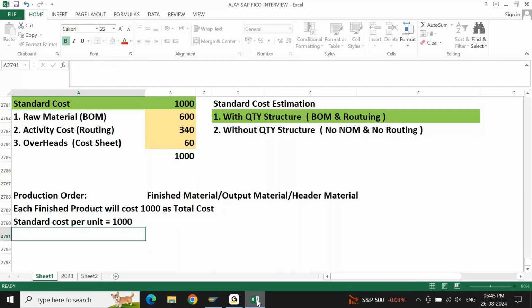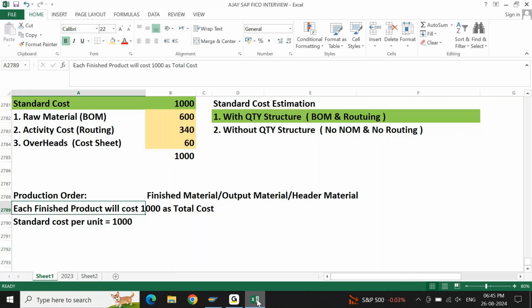Okay. Now, when you're creating a production order, do we need to specify what is the expected output or not? When I'm manufacturing, should I know well in advance how much quantity I am going to manufacture, or is it okay whatever I get? You should know the quantity that you are going to produce well in advance. Only then I will do my preparation activities accordingly. If I'm going to manufacture 1 unit, I know what is required for 1 unit.